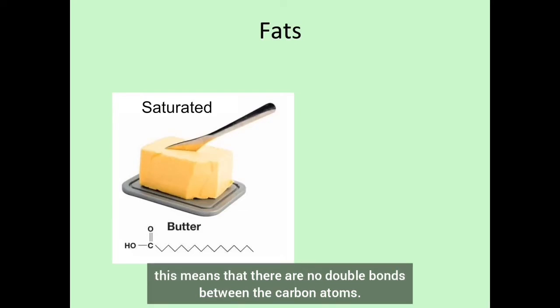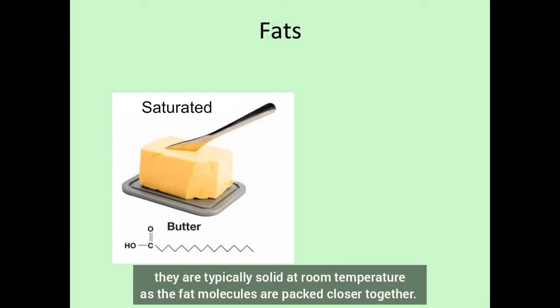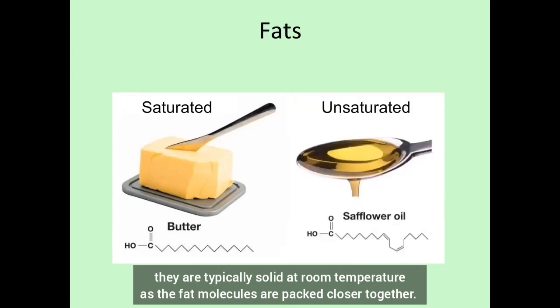This means that there are no double bonds between the carbon atoms. Fats that have these types of fatty acids are called saturated fats. They are typically solid at room temperature as the fat molecules are packed closer together.